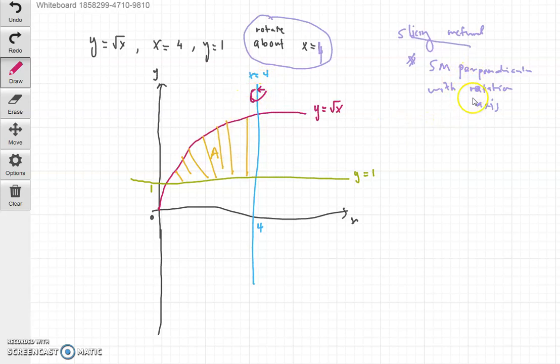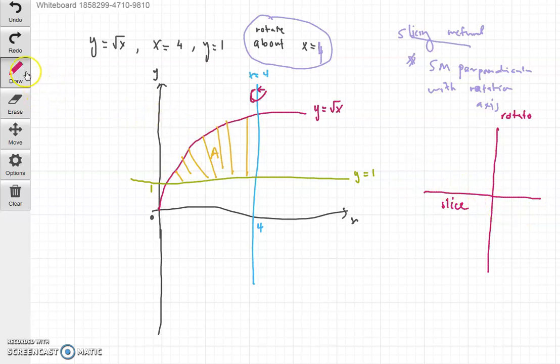So now our slicing part is a vertical one. So this is rotate. We are going to slice it based on a horizontal line.